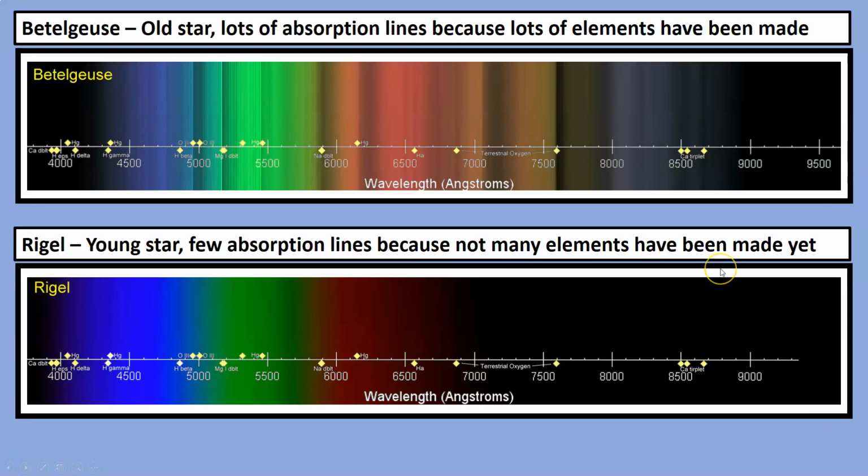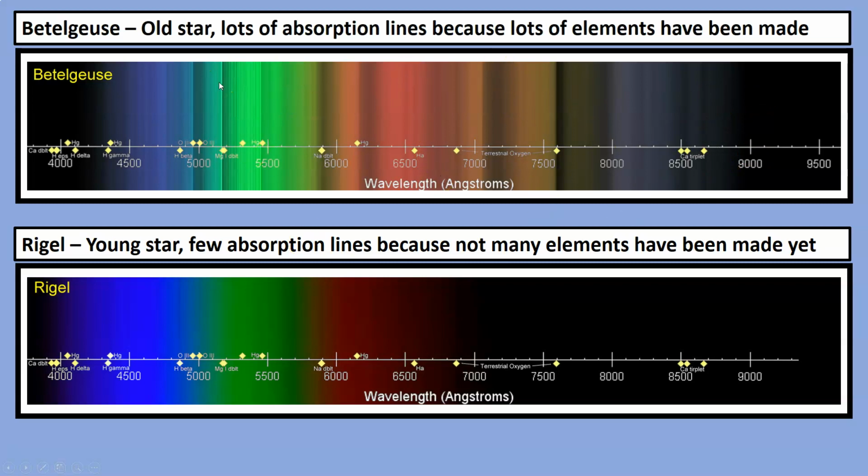Let's look at these two examples. Okay, these are two stars. This one on top is a much older star. If you can see, you see lots and lots and lots of black lines here. Okay, that means there's lots of types of elements present.